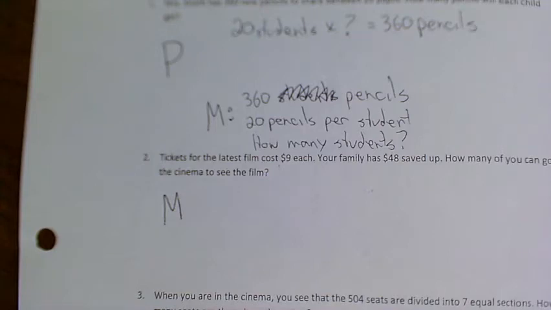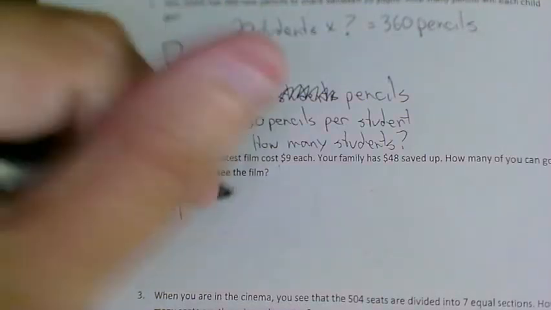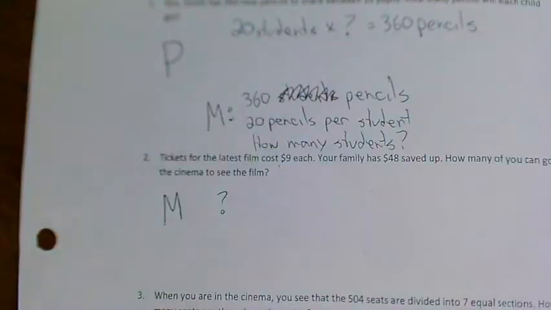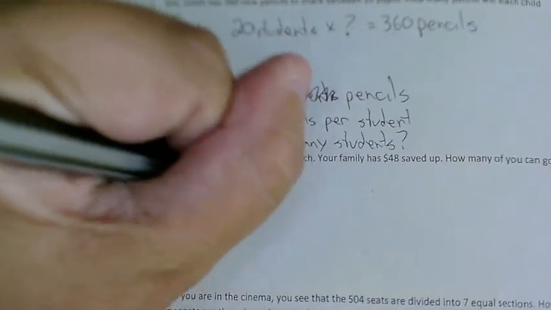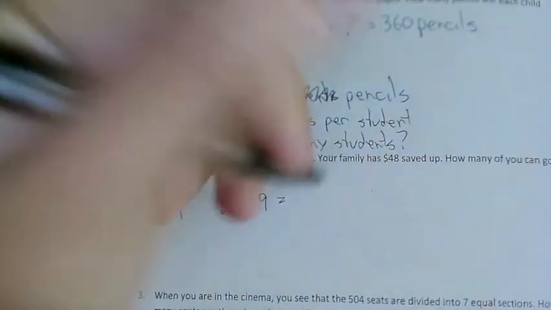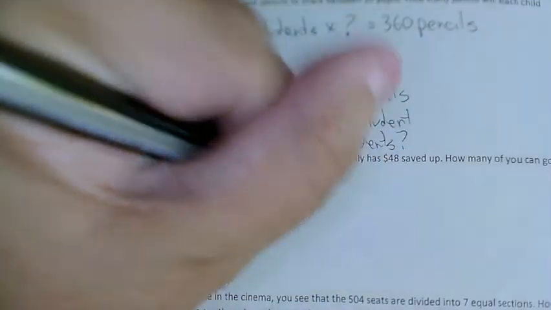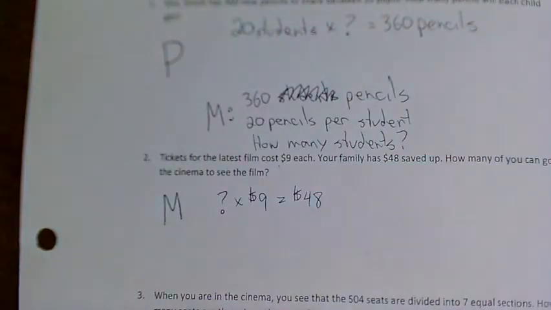That's what I was just saying about Oprah. Here's $9, you get a ticket. Here's $9, you get a ticket. Here's $9, you get a ticket. And then you're counting the number of tickets that you're going to be able to buy. So this would be, how many people in your family will use up $9 a piece in order to spend a total of $48? Then I realized I should use better numbers because that doesn't divide evenly.